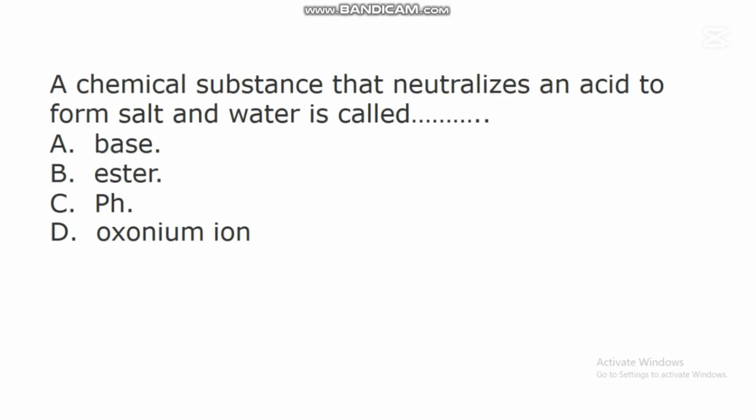In this question, the correct answer is A. Base. Studies have shown in chemistry that a base is a chemical substance that reacts with an acid to form salt and water only. This reaction of acid and base to form salt and water is called neutralization reaction.